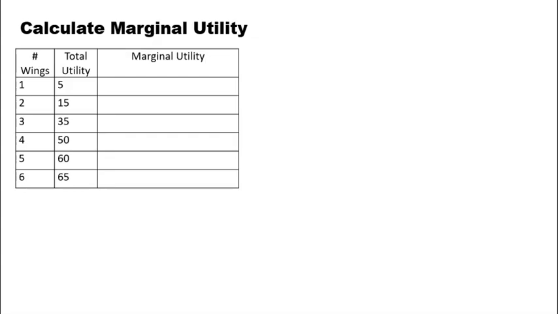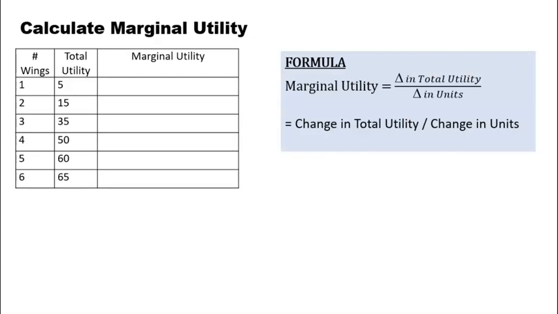So the first thing that you're going to do when you do any calculations is find your formula. Your formula for marginal utility, as we discussed in our intro, is the change in total utility divided by the change in units. So the units in this case would be the number of wings consumed. So these are just two different ways to write the same formula.